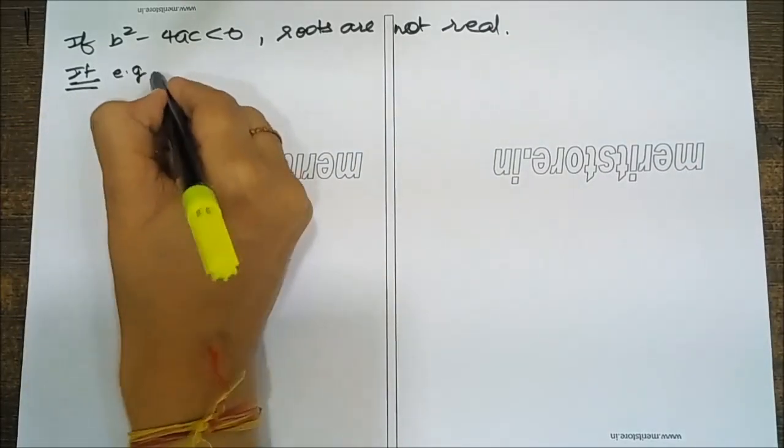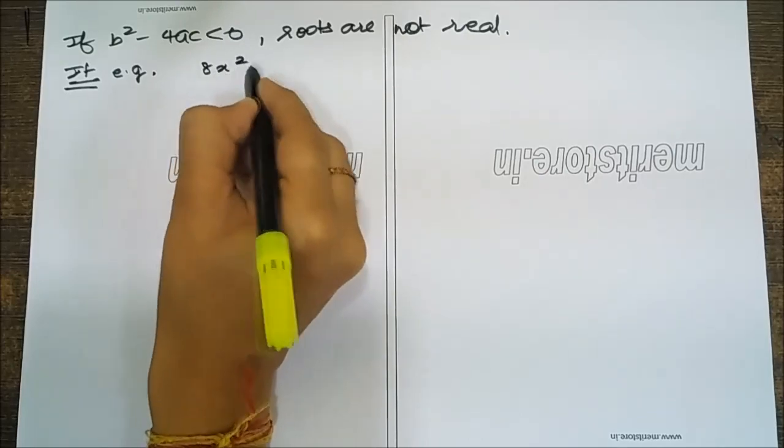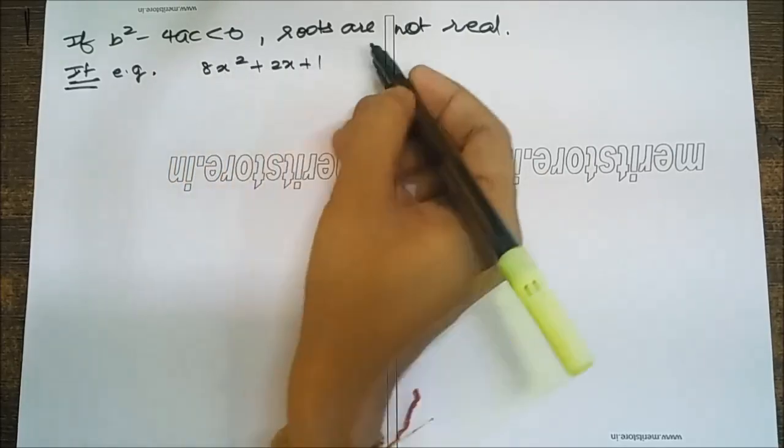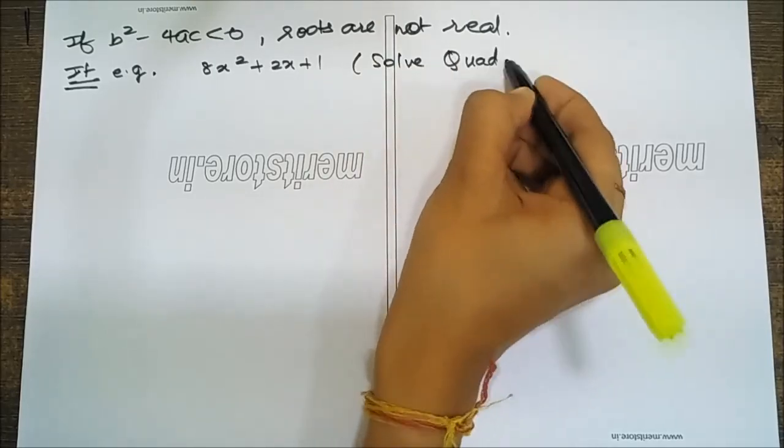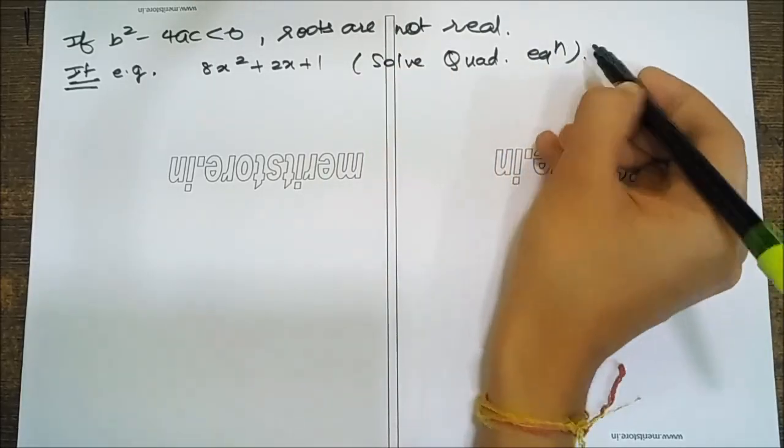So let's take an example. 8x square plus 2x plus 1. You have to solve this quadratic equation.